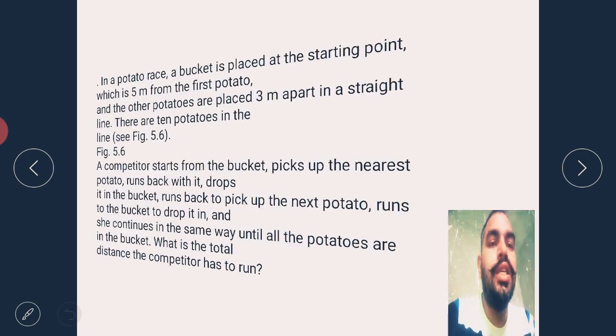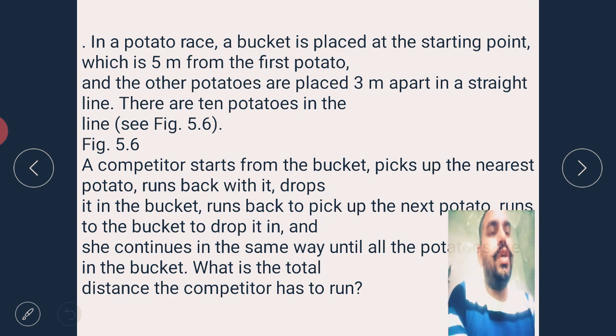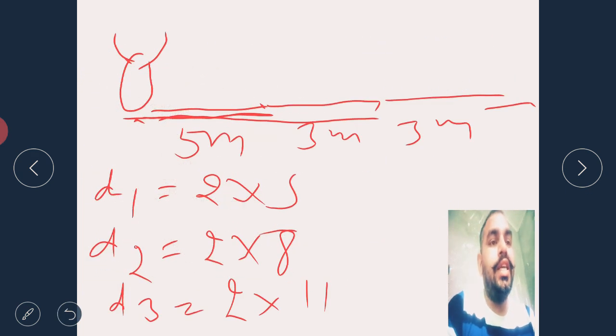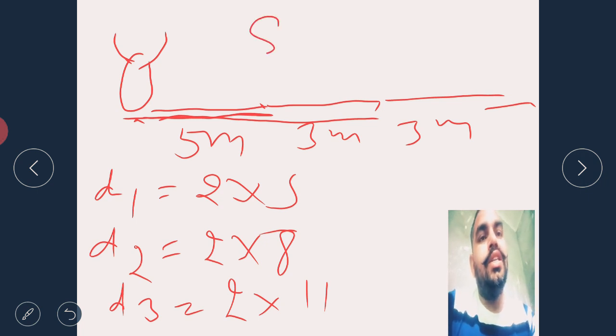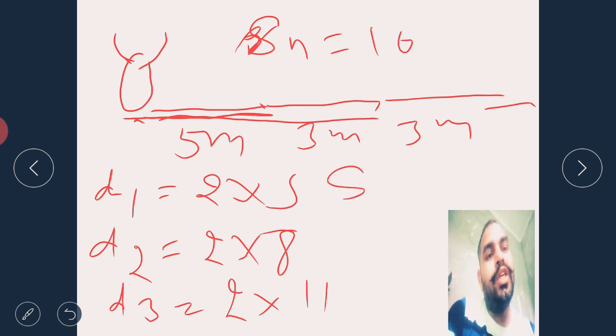First read कि how many potatoes are there, a complete bucket and nearest, pick up continuously, all the 10 potatoes are there. So Sn, what is the Sn? n is equal to 10. Sn I had to find out.